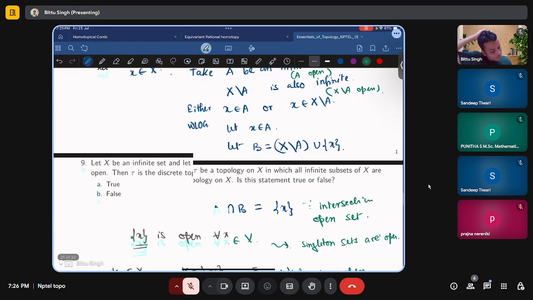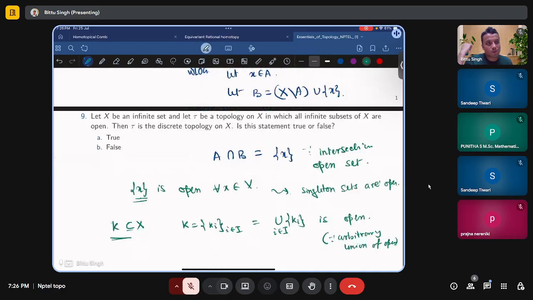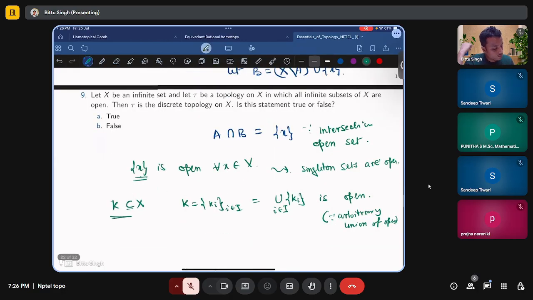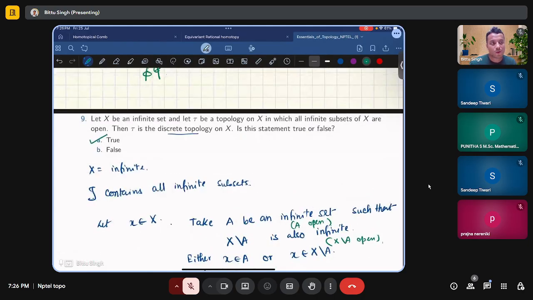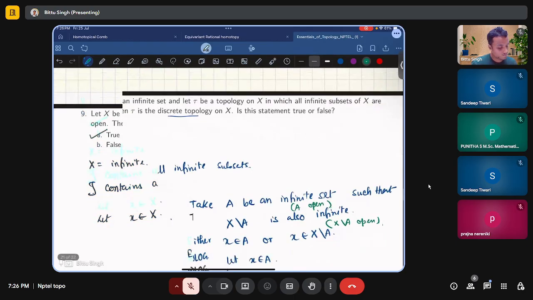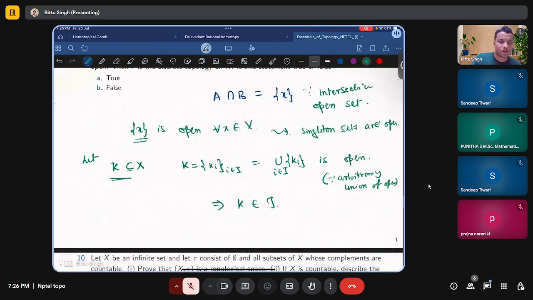Therefore, let K be a subset; then K belongs to tau because K is open. Hence, this is the discrete topology. Tau contains every subset. Is it clear?